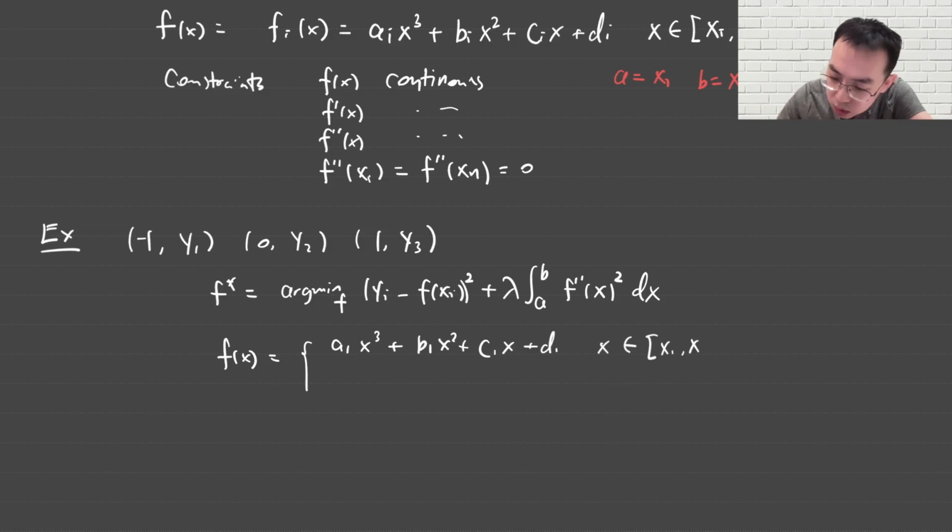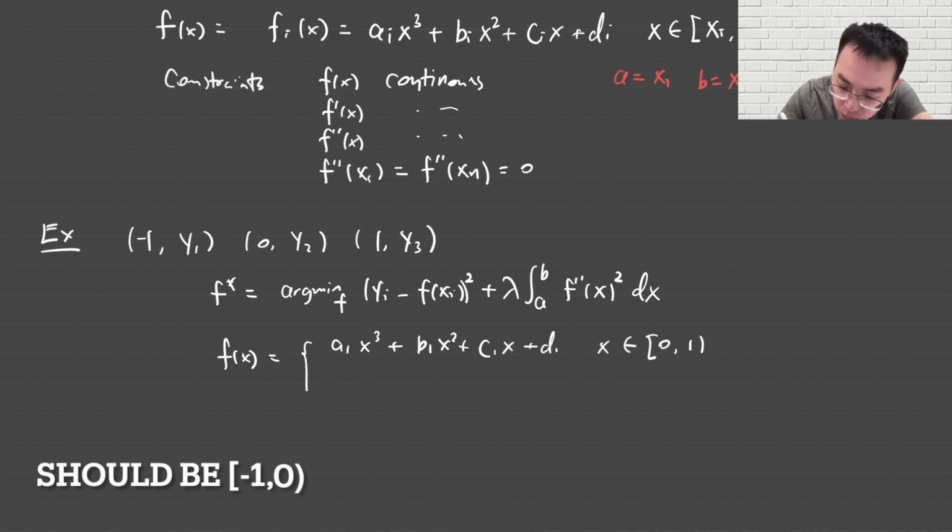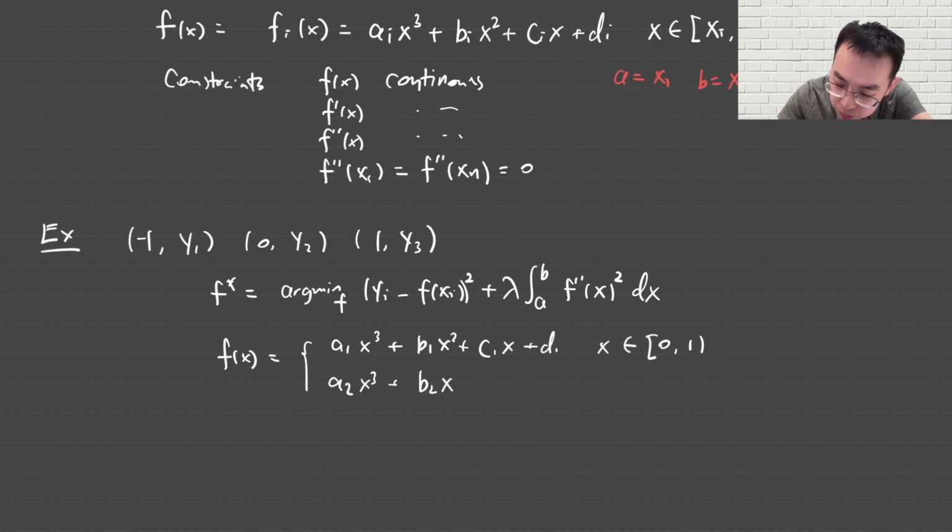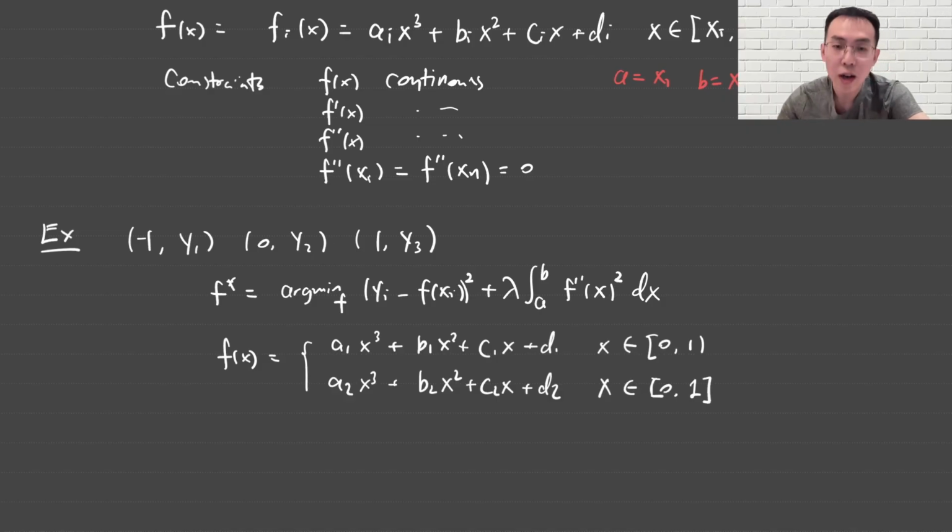Sorry, I'm just going to do the range from -1 to 0, and then 0 to 1, with a2x cubed for the second segment. Here I only have two segments in it, and maybe let's just first do the constraints.